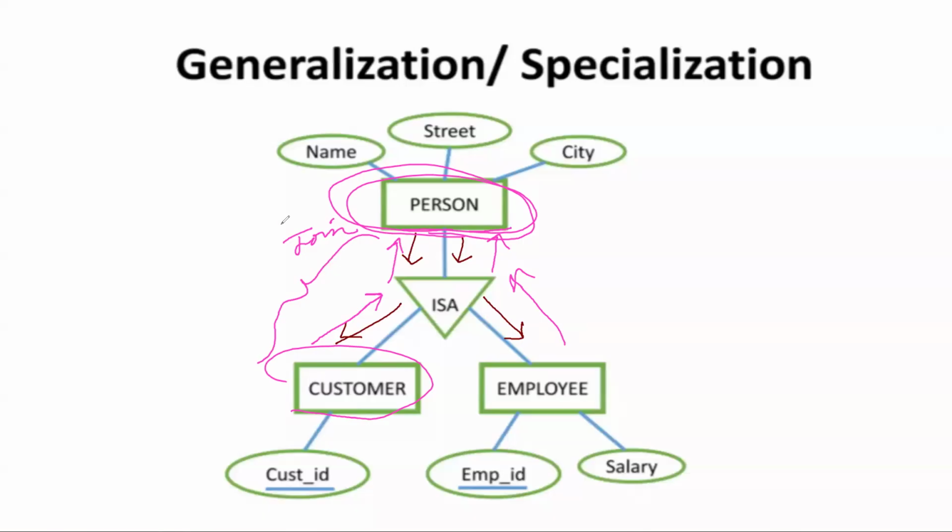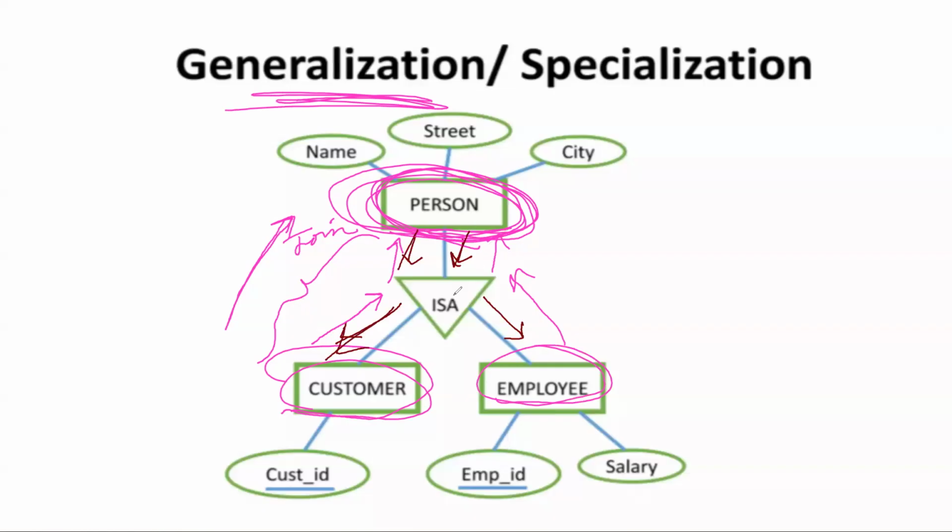So that is known as the bottom up approach, and it is generalization. Customer and employee, both of them are a person. So it is generalization. Whereas if we go top down, person is a customer or person is an employee, then it is specialization. This is the basic difference.